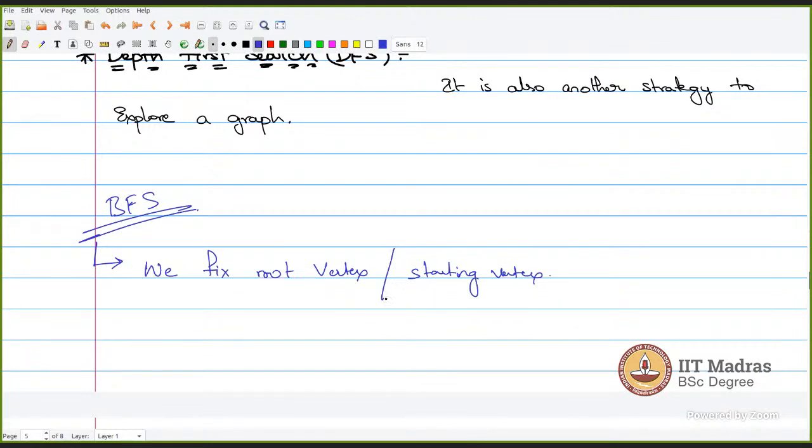So fix one thing. We say starting vertex or root vertex. This is a standard notation. We fix a root vertex from where we actually start to explore.